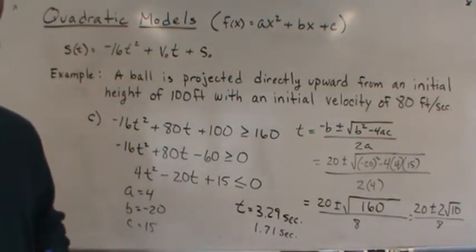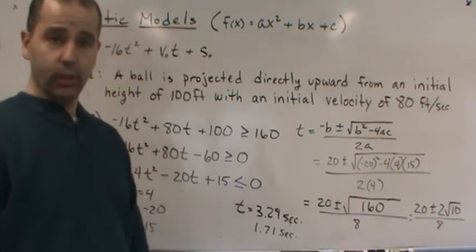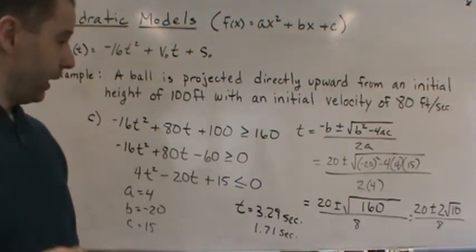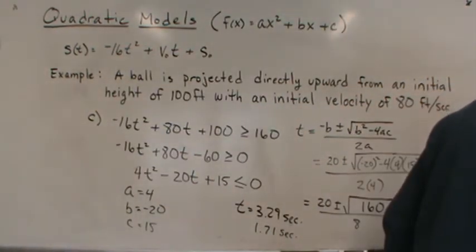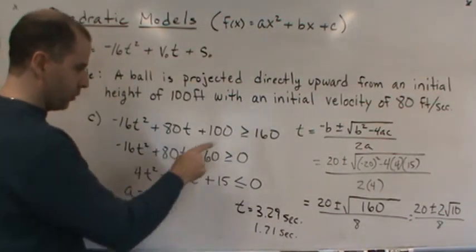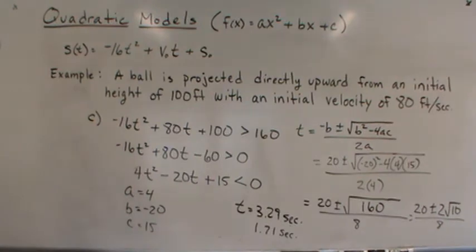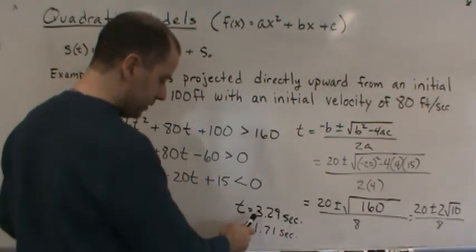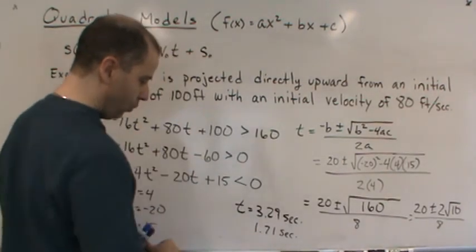Okay, so the answer to the question is, what is the time interval that the ball is greater than or equal to? Is it greater than or greater than or equal to? I just want to make sure. Greater than. Okay? So we didn't need this. So the ball is greater than 160 feet from 1.71 seconds.